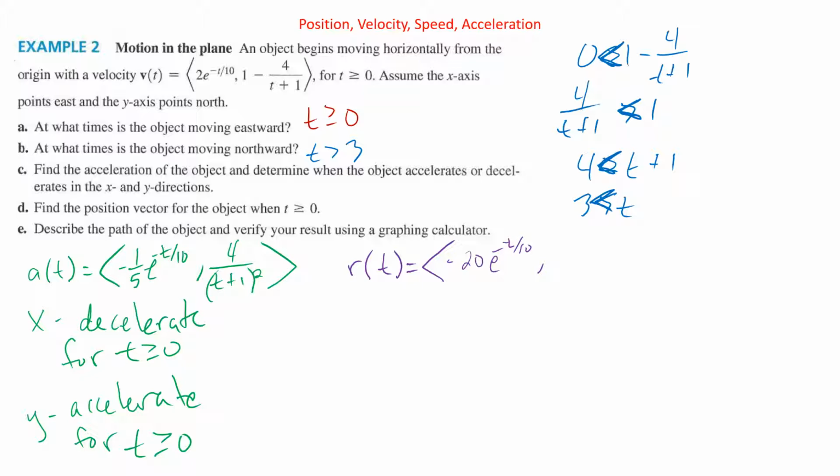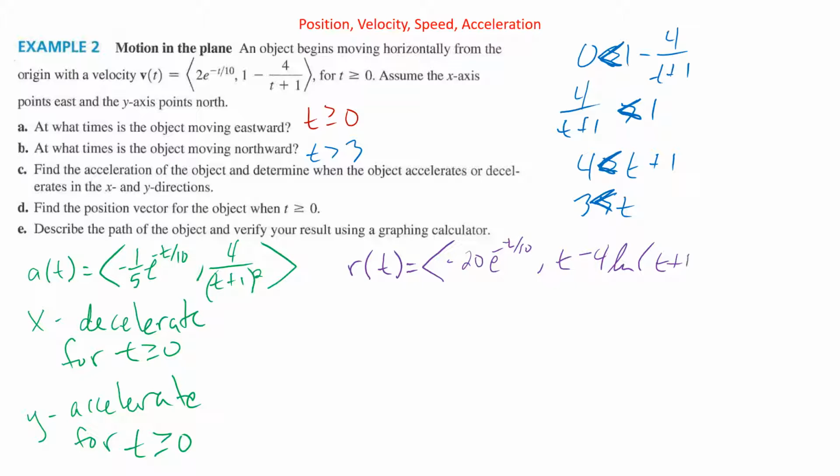The 1 becomes a t, and then minus the 4 over t plus 1. We have the over t plus 1, that's going to be a natural log. We don't really need the u because it'll just equal 1. So this will be minus 4 times natural log of t plus 1.